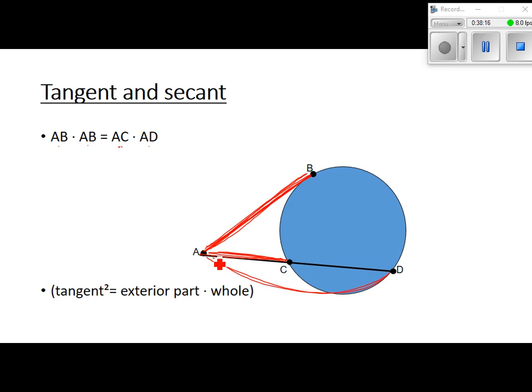So if they told you this was 7, and maybe this part was x, and this part in here, from here to here, is 5, then we'd have to do something like 7 times 7 equals AC, which would just be x, times AD, the whole thing here, which would be x plus 5. And we'd have to distribute here, and it's going to give us an x squared, and we'd have to end up dealing with that.